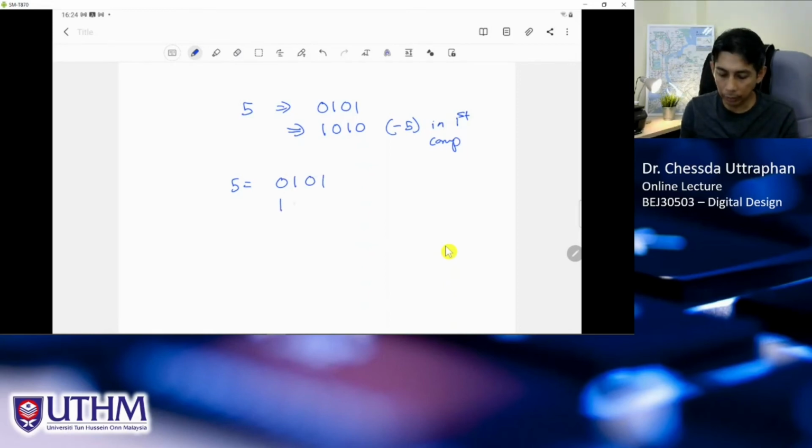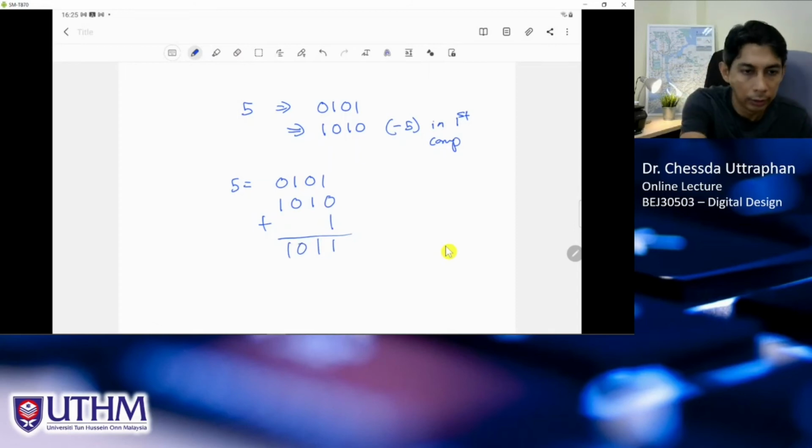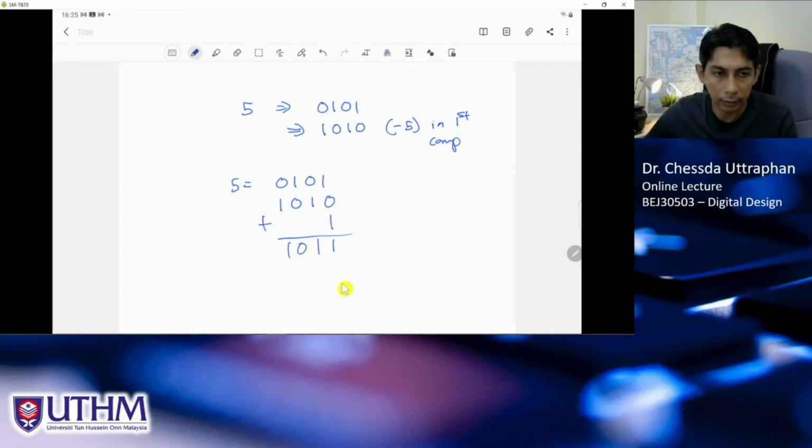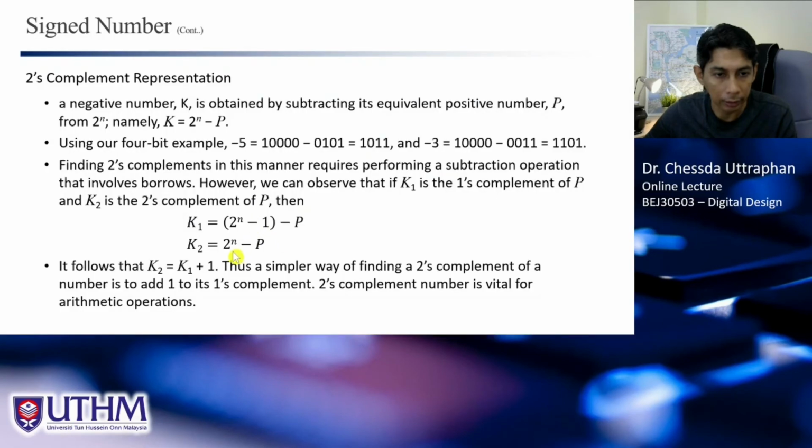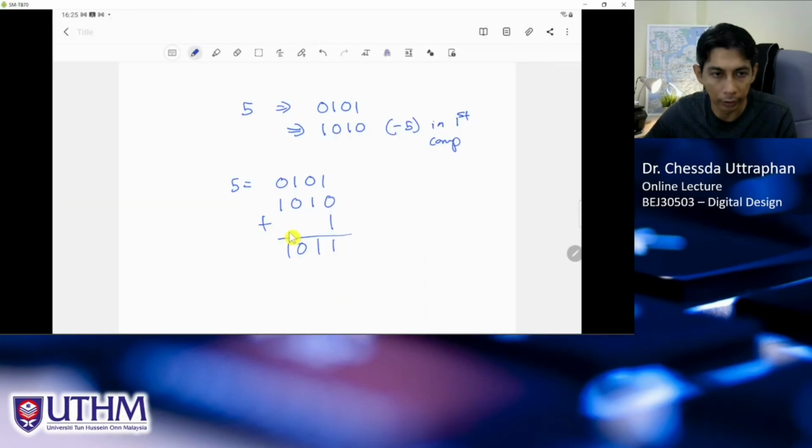So we have 1 0 1 0, and we plus 1, and we get the second complement of 5, or minus 5 representation in second complement. So we have 1 0 1 1, right? So this is minus 5 in second complement representation, very easy.